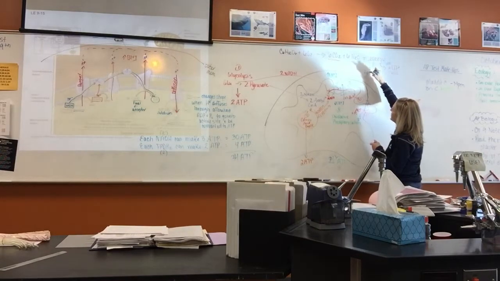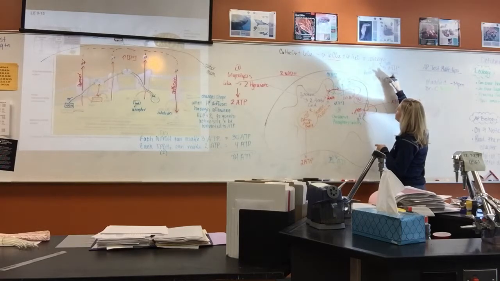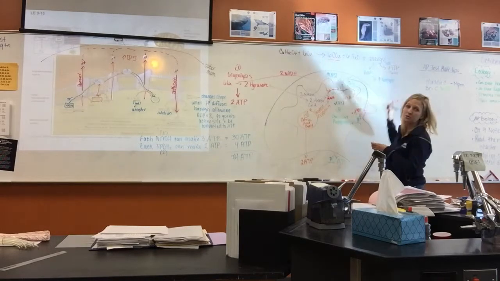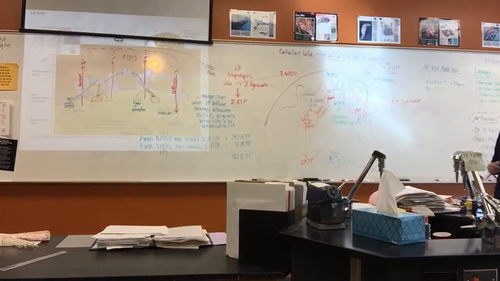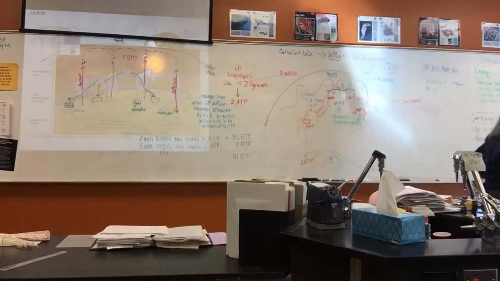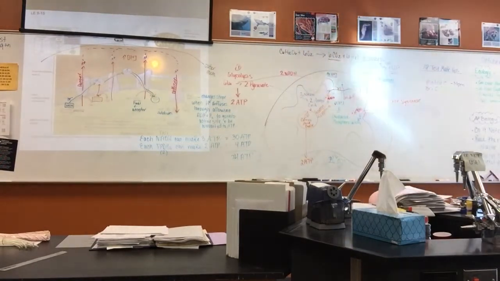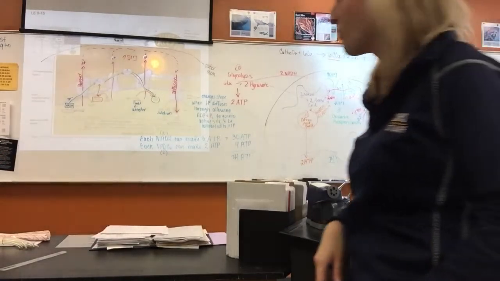The rest of it is released as heat, about 60%, which means that we are increasing the entropy of the universe by going through cellular respiration. It's becoming more disorderly as we go through cellular respiration. So on the second blank in that bullet, 40% of the energy goes to make ATP. What's our total? 38. So that's what we should put there.